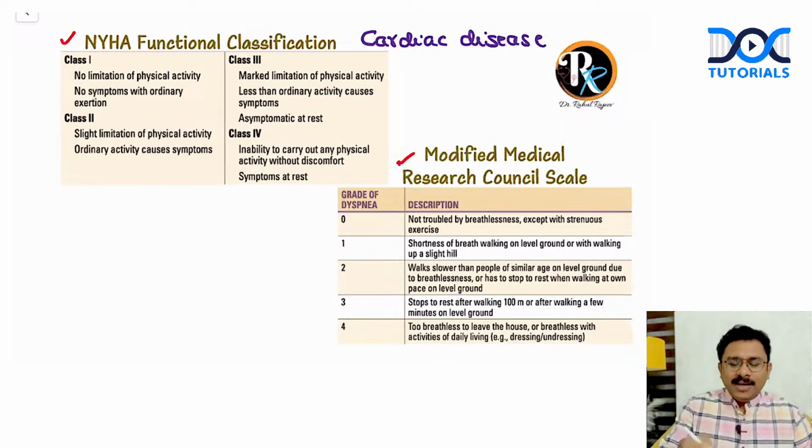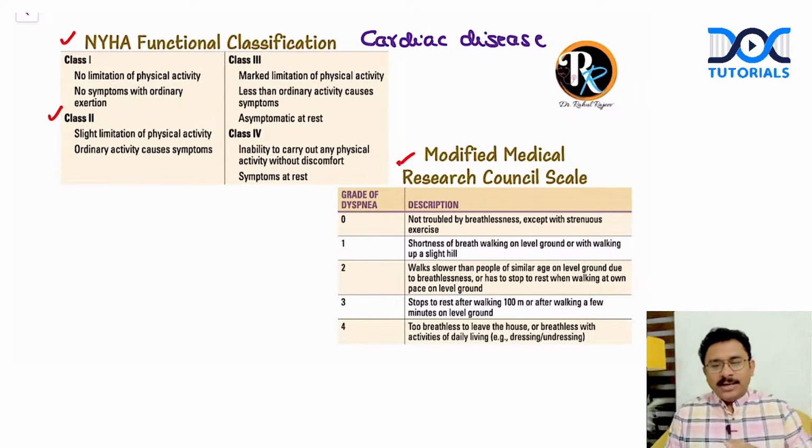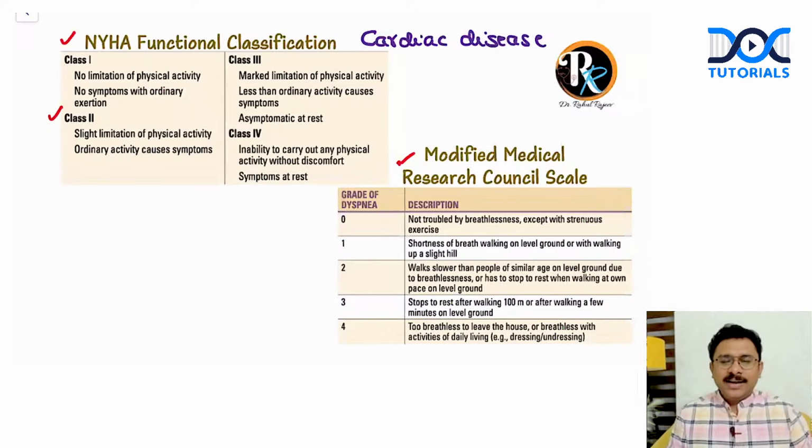Class 2, slight limitation of physical activity, whereas ordinary activity can cause symptoms. Class 3, marked limitation of physical activity, less than ordinary activity causes symptoms, and asymptomatic at rest. Okay, no symptoms at rest. Class 4, inability to carry out any physical activity without discomfort, and symptoms at rest. This is about the NYHA functional classification.